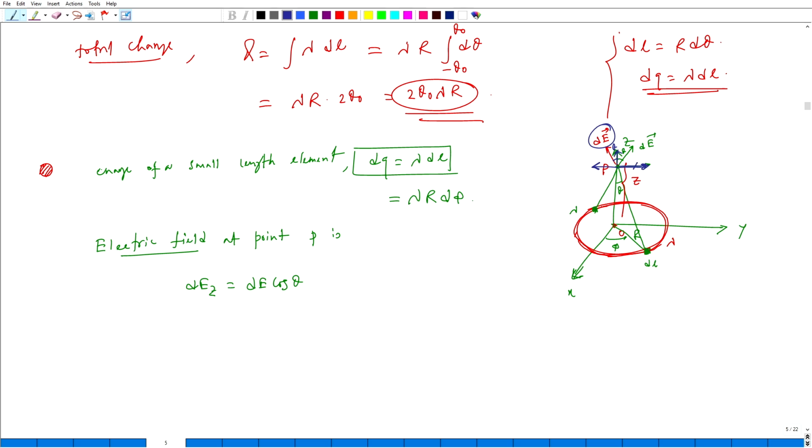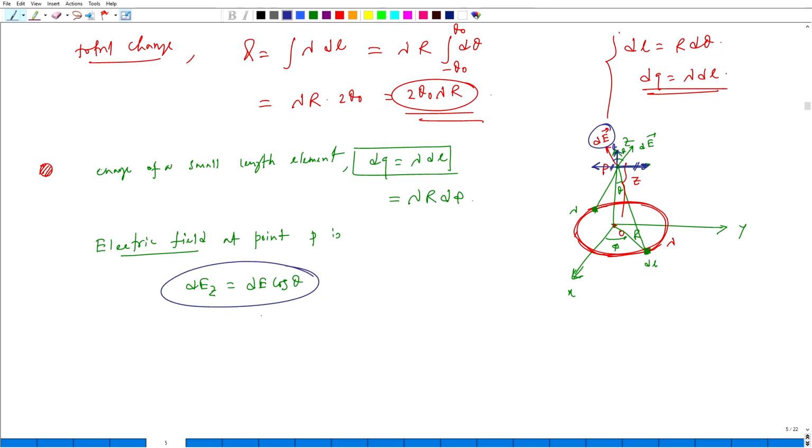So the y components cancel each other. Similarly, if we project in the xz plane, then again the x components cancel each other. That is the symmetry point, the ring symmetry. So the only one left is the z component, and this one becomes this, okay.